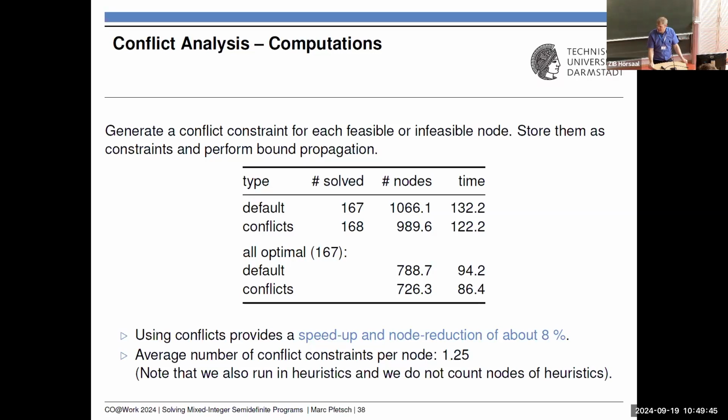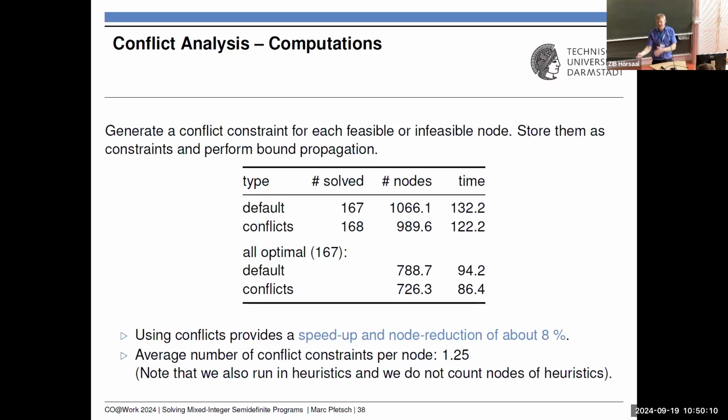The surprising thing is that we actually produce more than one inequality per node. That's because we also run primal heuristics, and the primal heuristics will also produce such cuts. One further thing, we can derive the same cuts also from feasible nodes.